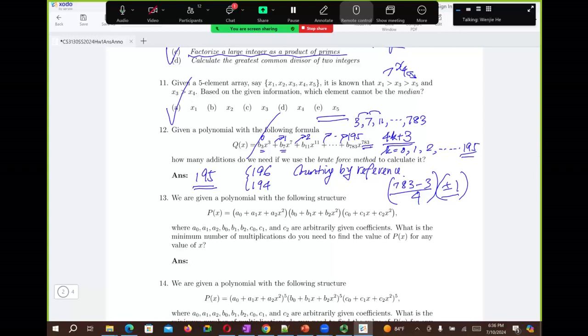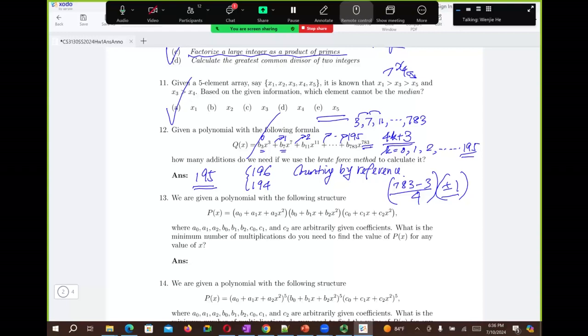They know this formula gives a number close to the answer, but maybe plus or minus 1, and they are not sure. Some students plus 1, some minus 1, so some give me 196, some give me 194.